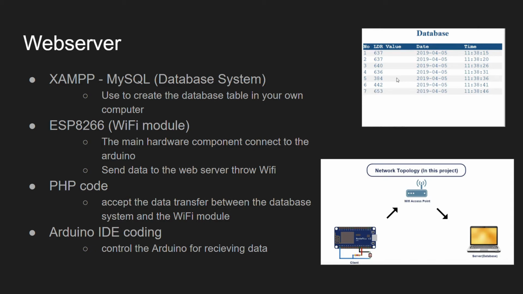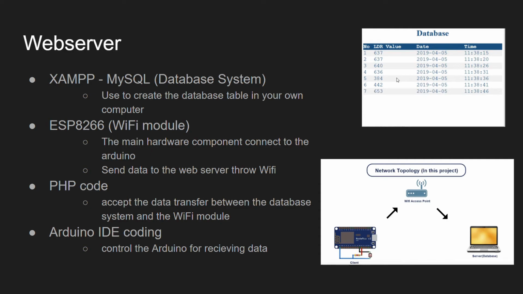About the web server part, to make this web server, we need certain components to handle it. First is the XAMPP program. It will provide a MySQL database system. We will use it to create our own database and the table in our own computer. It is a local database system now, but maybe we can make it an online database system after.